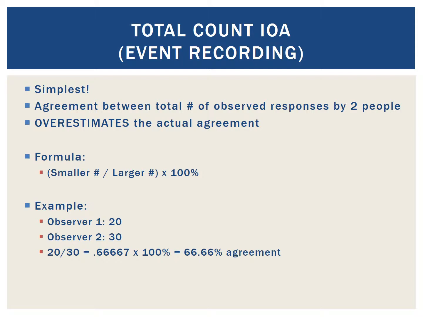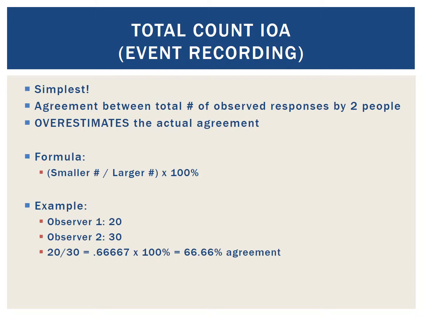In other words, one person could be recording 8 times that don't coincide at all with the 10 times the other person recorded. So the actual agreement in reality could be zero, and you're going to get an 80% agreement just because you're basing it on the total number of occurrences.